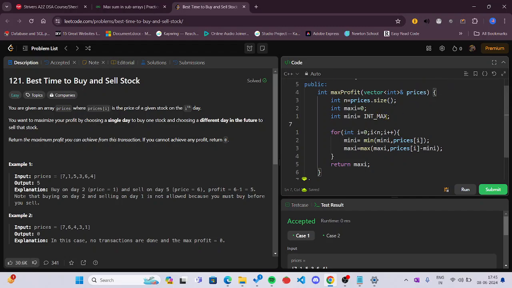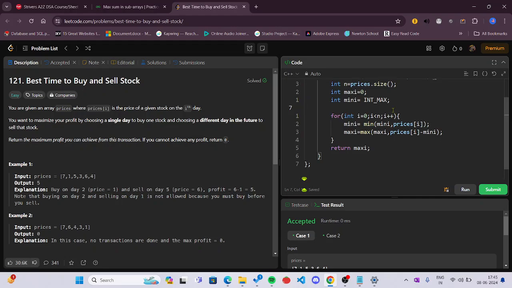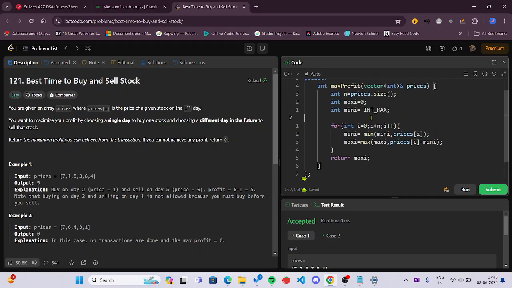Now prices index 1, prices 0, that is the index 1. So I'm traversing through this array, and mini is the minimum of mini and price of I because I am finding the smallest number. So with this mini variable, I am finding the minimum number here, right? And with the maximum, I am just subtracting mini from the prices that I have already got.